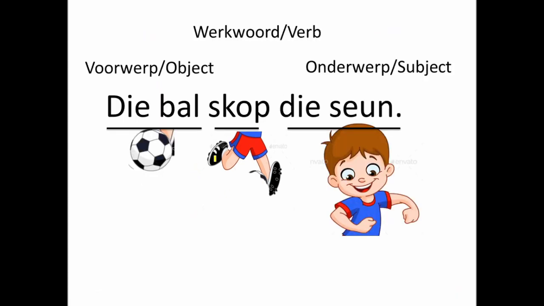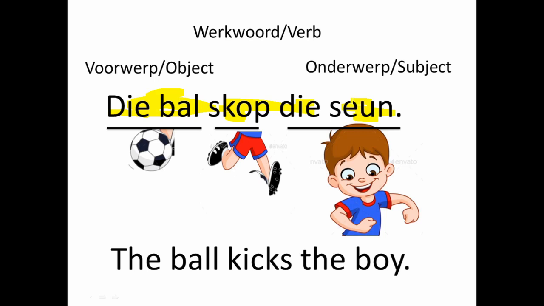When you swap the object and the subject, the sentence will look like this. Die bal, which is the object, kicks the boy. The ball kicks the boy. But does that sound right to you?